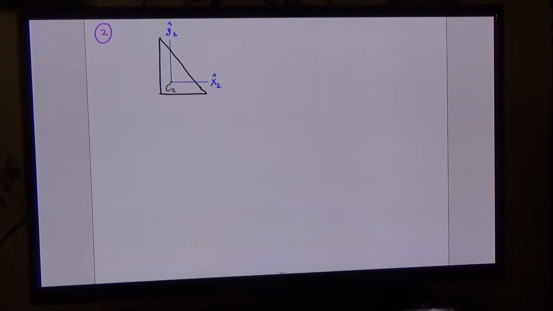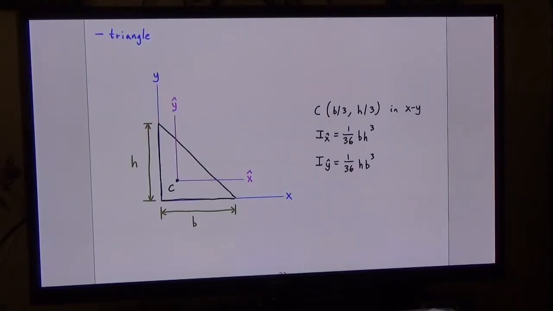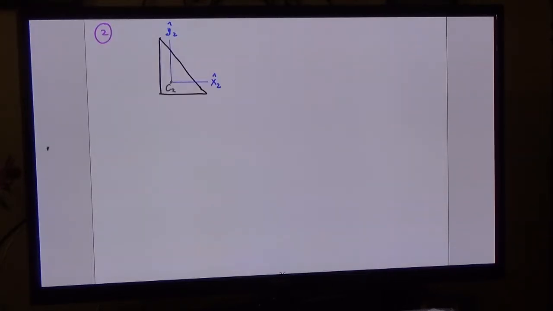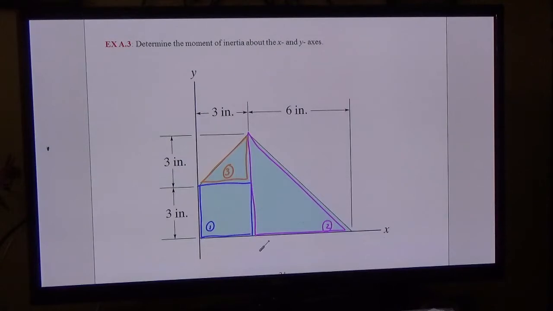From my reference figure for a triangle, moment of inertia about x hat and y hat, I need to specify again b and h, the base dimension of the triangle and the height. So for part number 2, its base is 6, its height also happens to be 6.